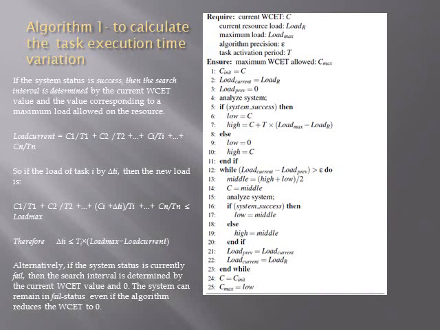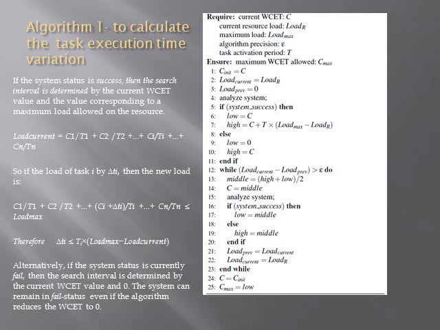The first algorithm is to calculate the task execution time variation. If the system status is a success, then the search interval is determined by the worst case execution time currently and the value corresponding to the maximum load allowed on the resource. The current load is determined by the sum of the ratios of the worst case execution time to the period for each of the tasks in the system.